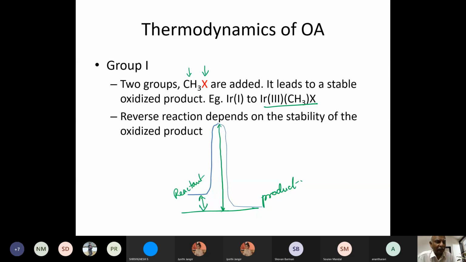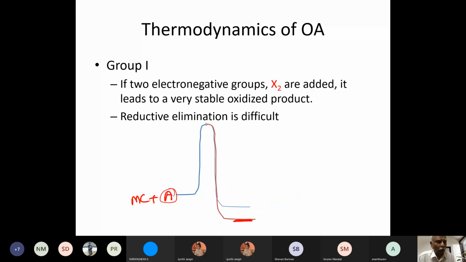That is, if the same process is going in the reverse direction, you expect the energy of activation to be very high. So the more the stability of the product, the more the energy of activation. So the red line indicates a more stable product. Then there's going to be very little tendency for reductive elimination to take place.